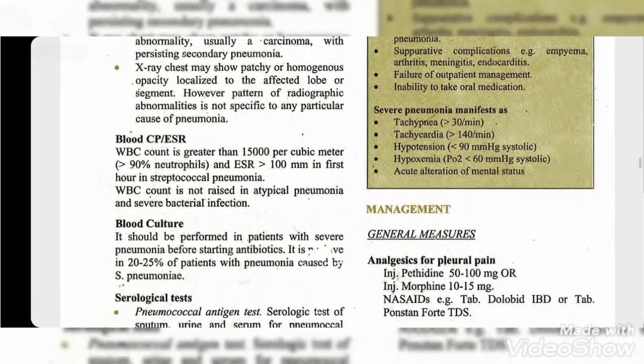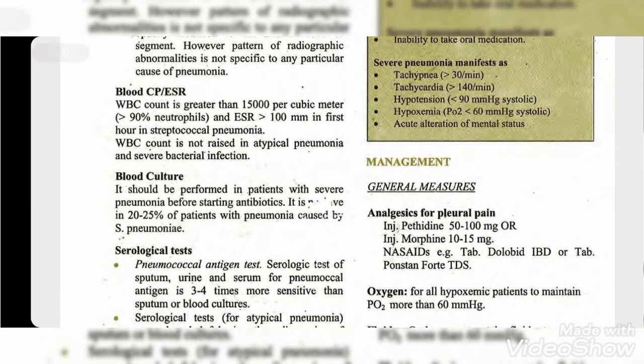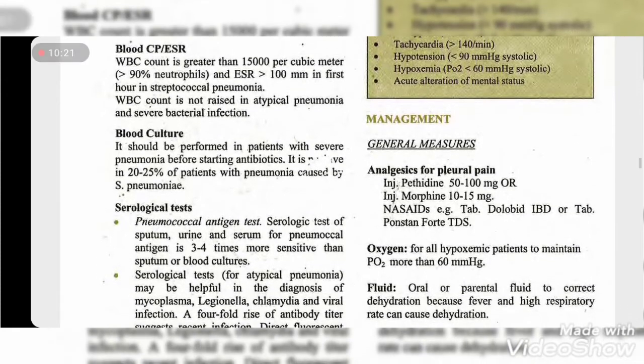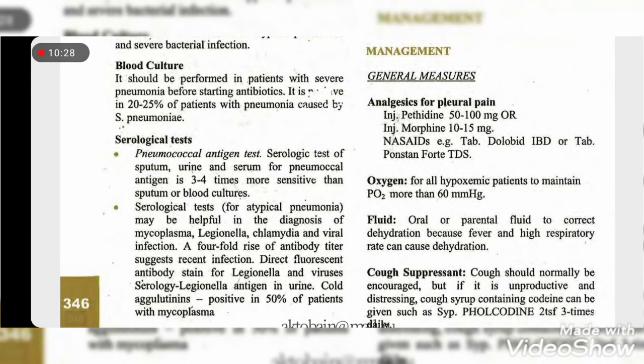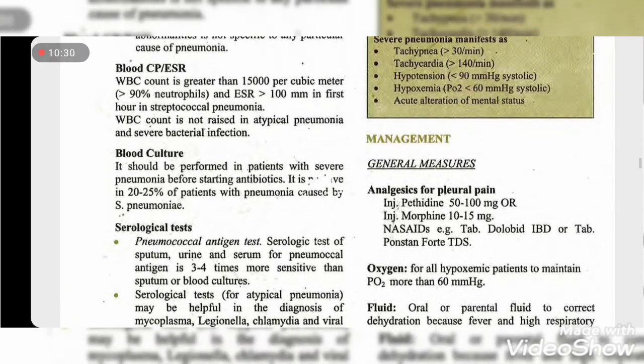Blood CP: WBC count greater than 10,000 per cubic millimeter, more than 90% neutrophils, and increased ESR. In atypical pneumonia with severe bacterial infections, we do blood cultures and serological tests. So those are all the investigations of pneumonia.